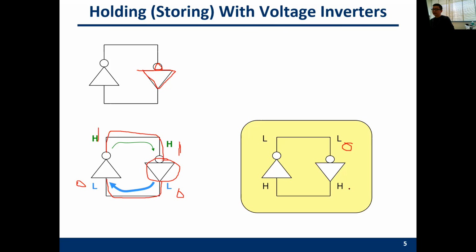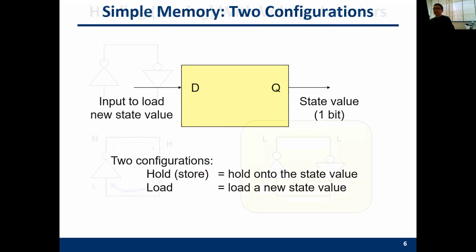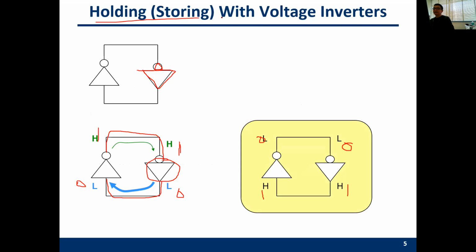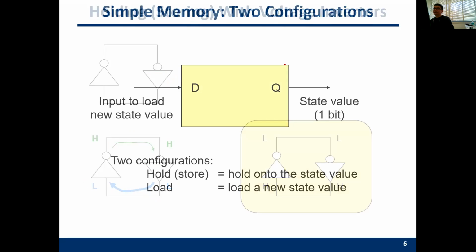If I have a 0 here, this is 1, this is 1, and this is 0. It's also a stable state. So if I have this structure, I can hold a 0 or hold a 1. So this is the basic element which you can use as a storage.